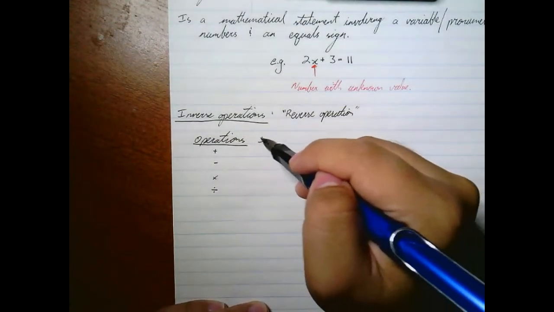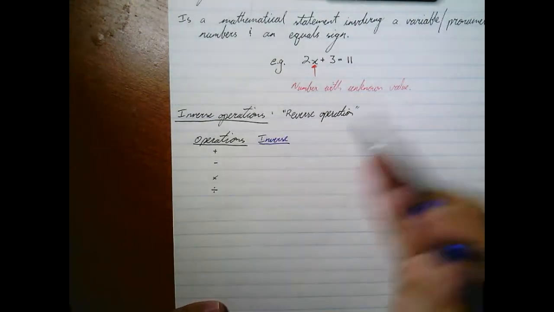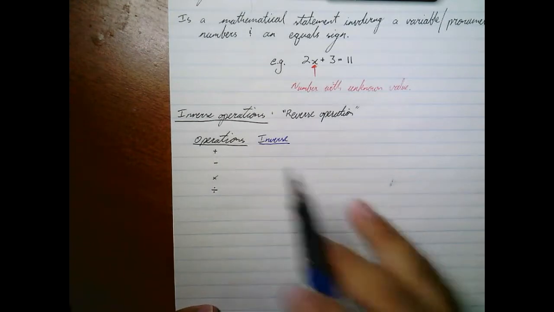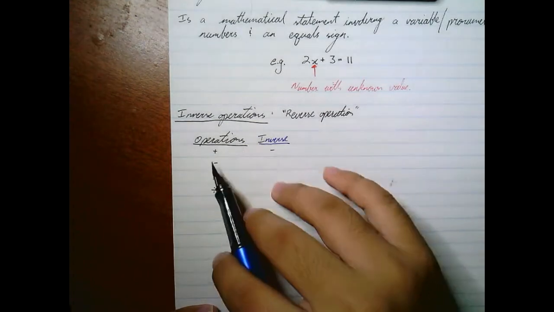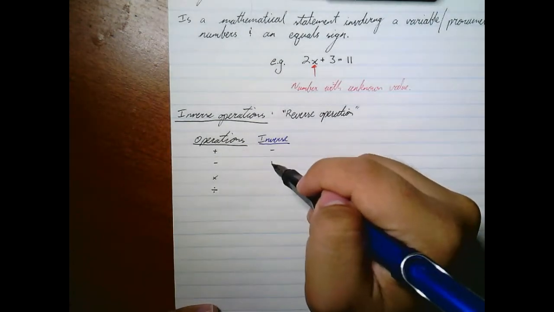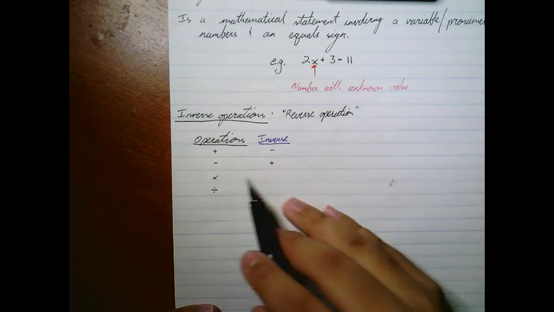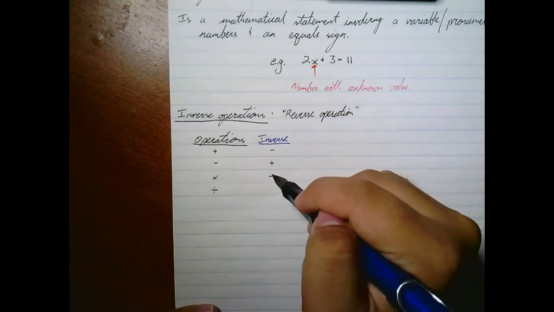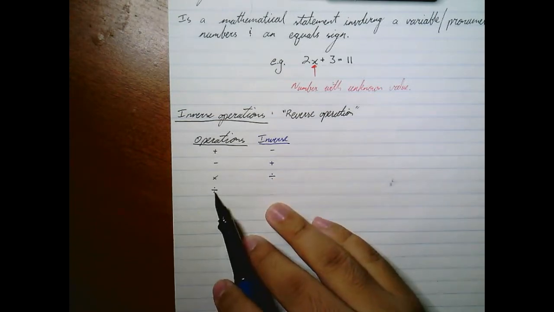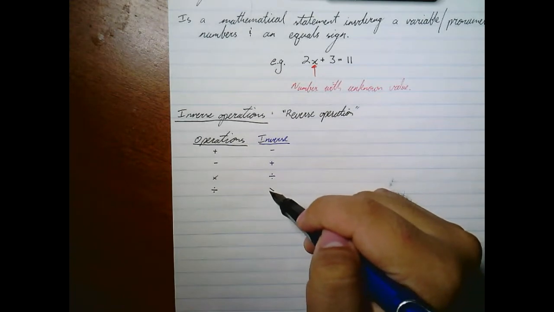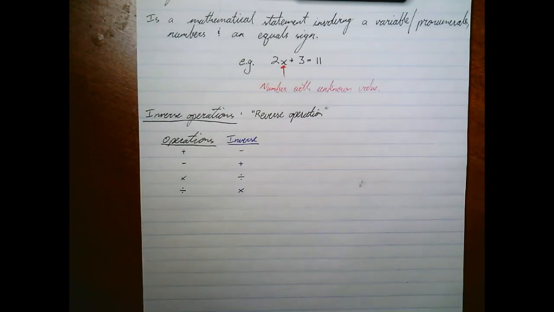So the inverse of addition is subtraction. The inverse of subtraction is addition. The inverse of multiplication is division. And the inverse of division is multiplication. So we do the reverse of each of these.